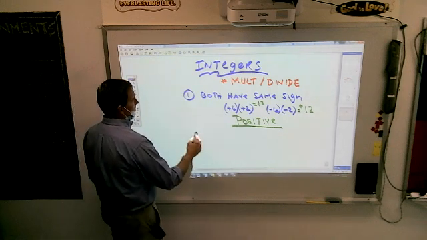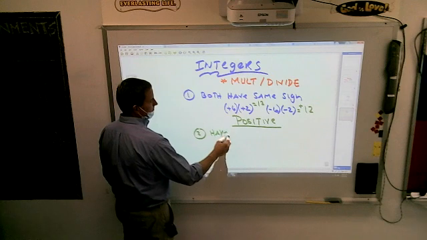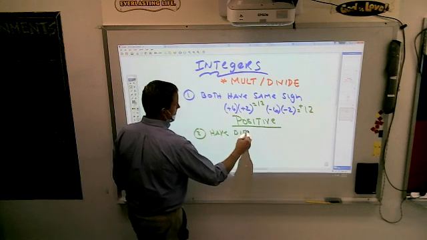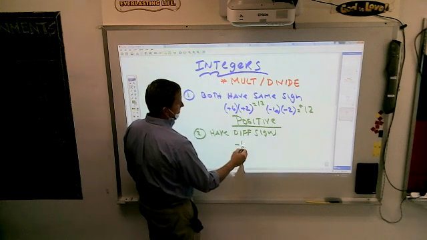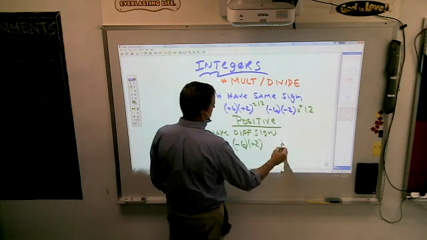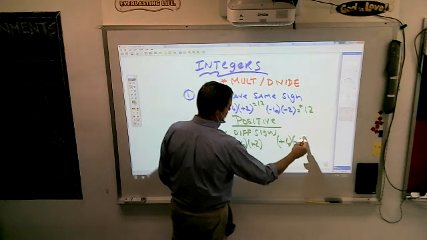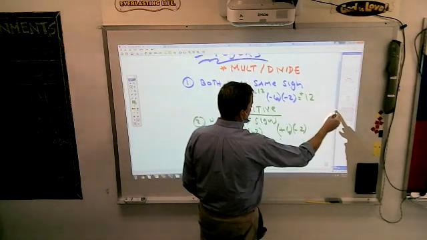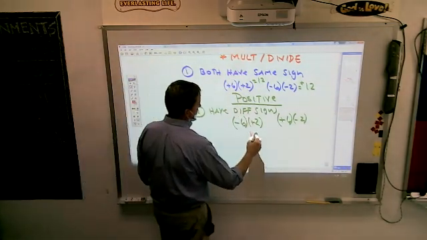And the other case is if they have different signs. If it's a negative 6 times a positive 2, or a positive 6 times a negative 2, in either case your answer will be negative.